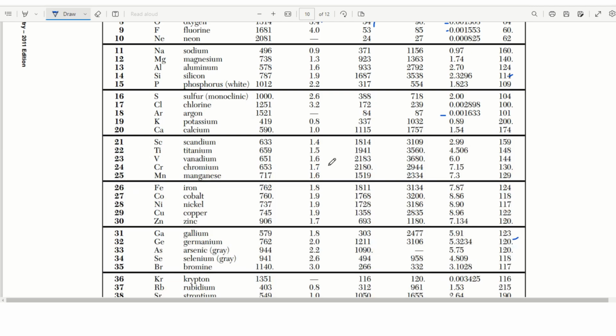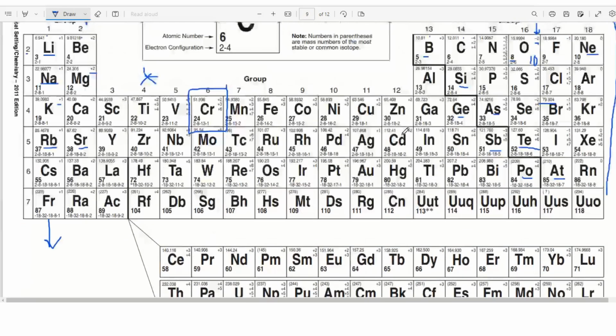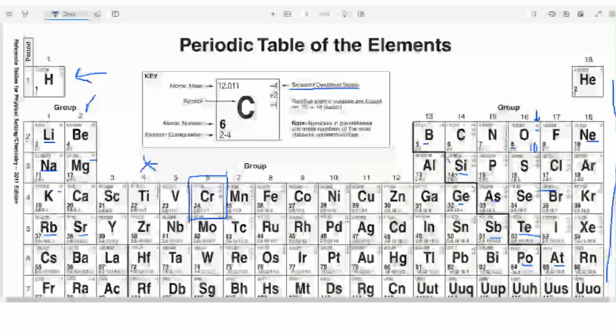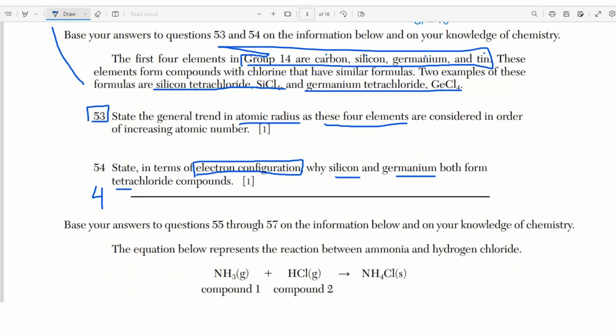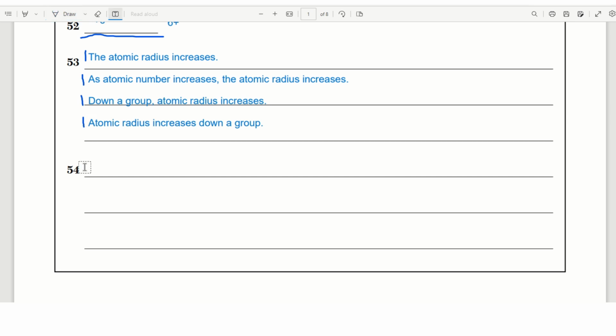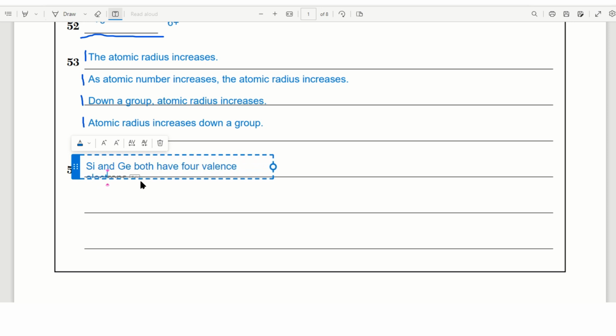So let's look at the periodic table. Here's silicon, here's germanium. Look at their electron configuration and you see that they both have 4 valence electrons. So we go here, silicon and germanium both have 4 valence electrons.